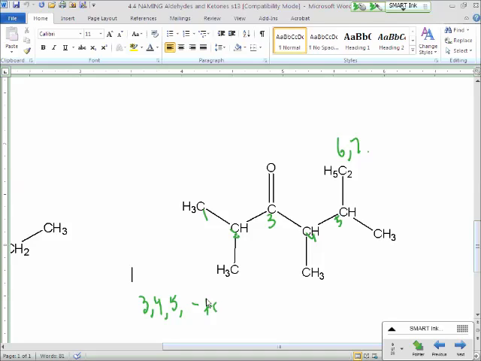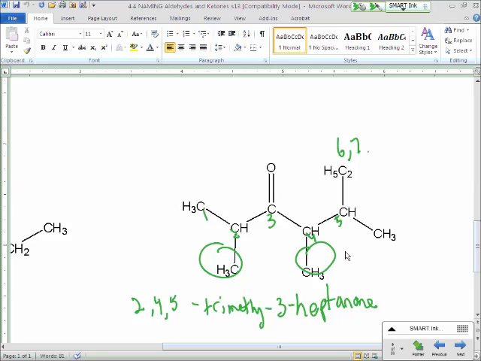I got to get rid of that. Trimethyl. Oh, it is a 2. That's okay. 2, 4, 5. Trimethyl-3-heptanone. And I've got some mistakes in there that I'll clean up here. That comma doesn't need to be there. That is a 2. Excellent. 2, 4, 5. My chain heads up that way. Nice job. Okay?